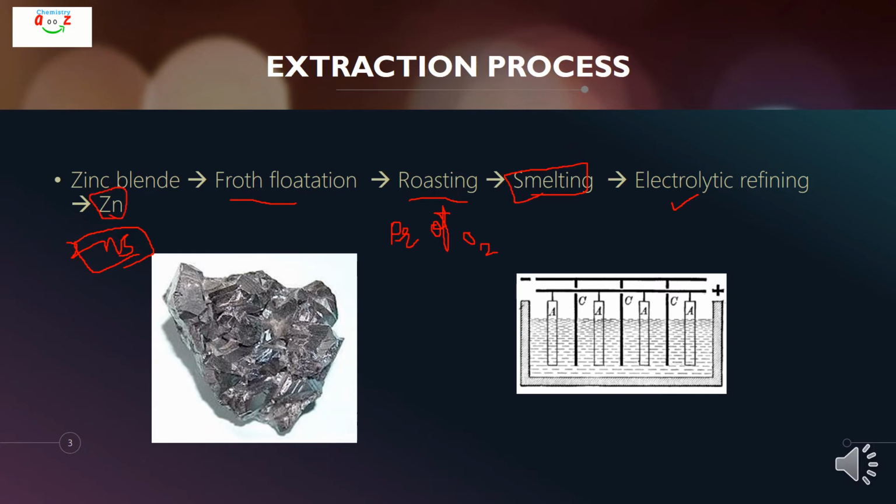Students, here in this picture you can see in the electrolytic refining, A means anode and C means cathode. In this, the impure metal acts as the anode.